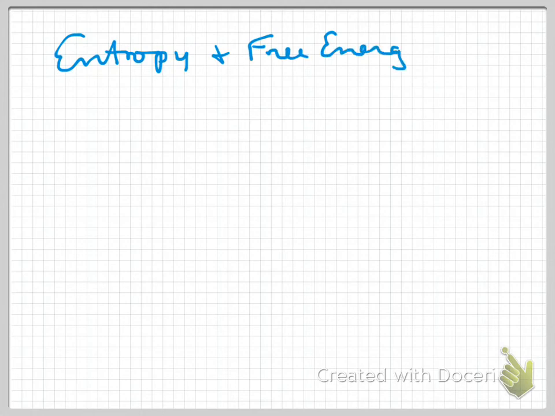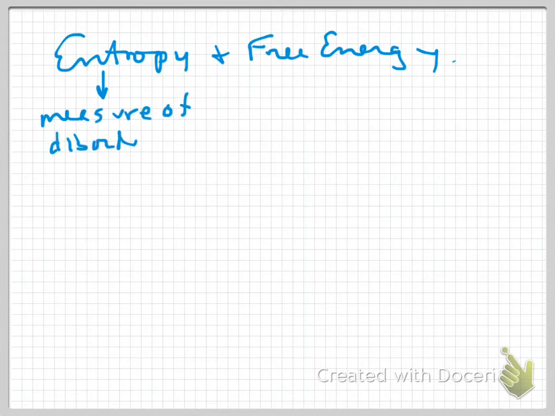All right, entropy and free energy. Remember that entropy is the measure of the disorder.